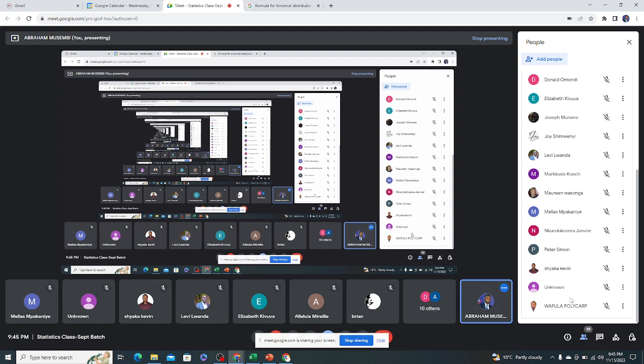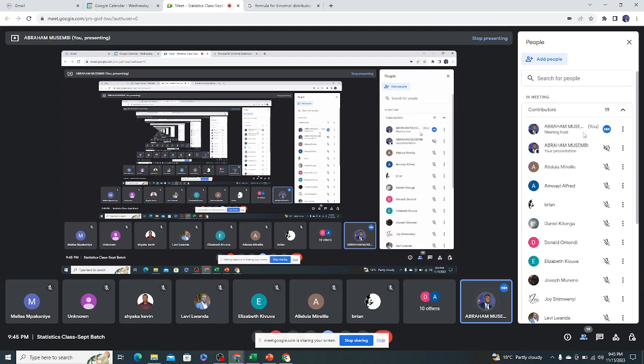Okay, I'm now selecting randomly, and of course that is a way of doing sampling. Again, I might decide to be more systematic. If I select the first one, I will skip the second person and select the third, skip the fourth and select the fifth.